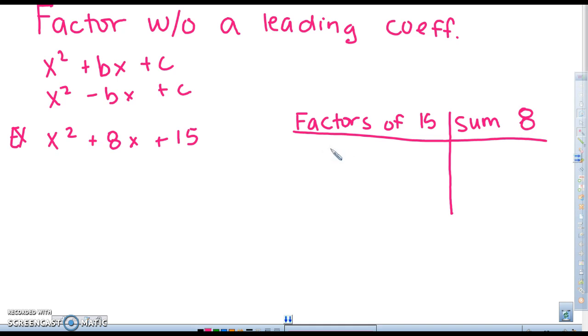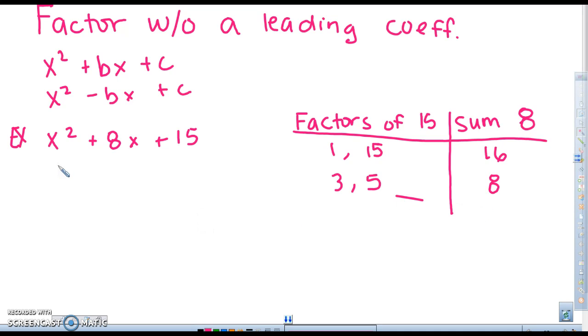So then I'm going to list pairs of factors. I know there are factors 1 and 15. When I add those together, I get a sum of 16. So I know that's not it. And I start looking again. And I think, oh, 3 and 5 are factors of 15. If I added those together, I would get 8. Okay?